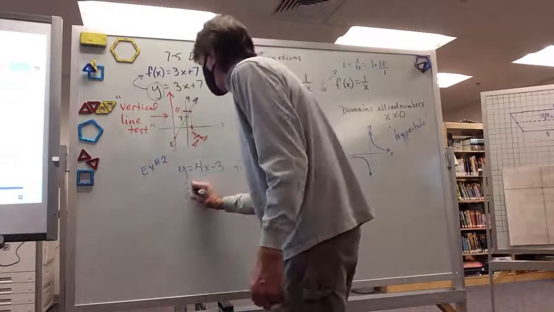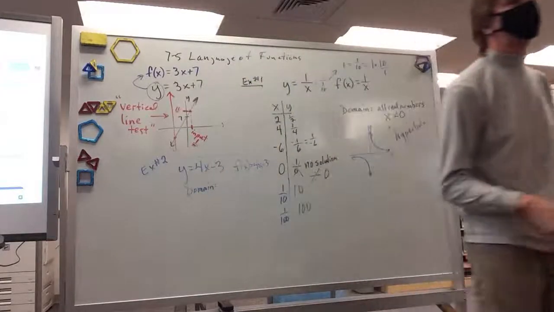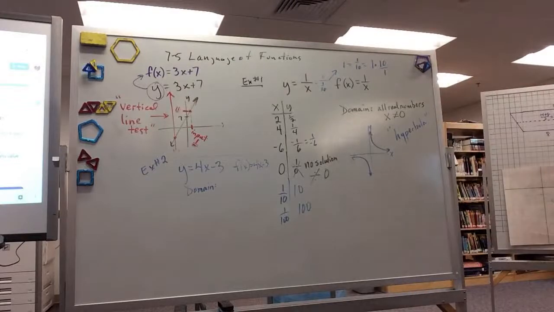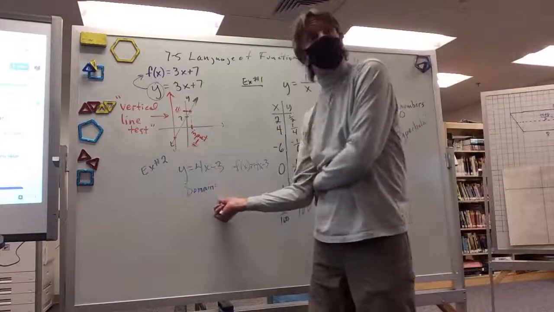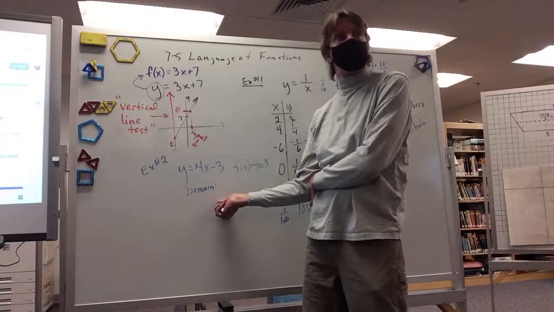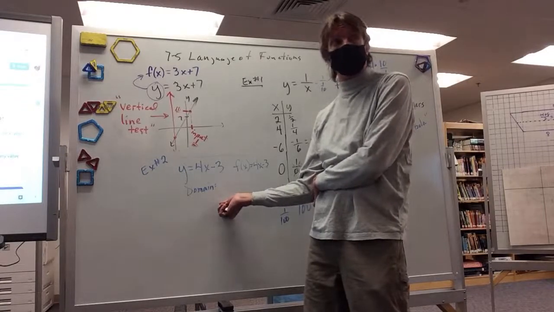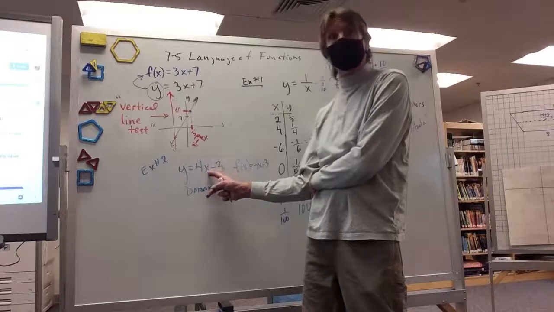So what's the domain? What are the numbers we can plug in and get answers? Can you use whole numbers? 1, 2, 3, 4, 5. Can you use negatives? So you can use all the integers. Can you use decimal numbers? Could you put 0.1 in here?